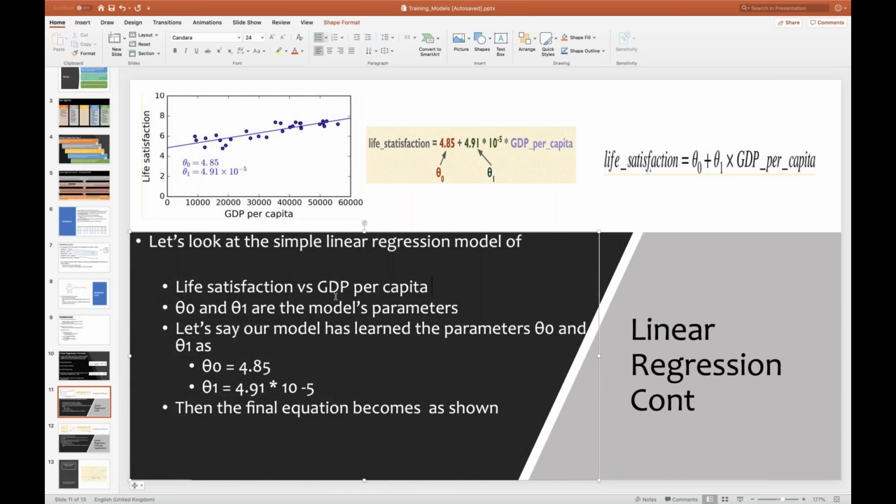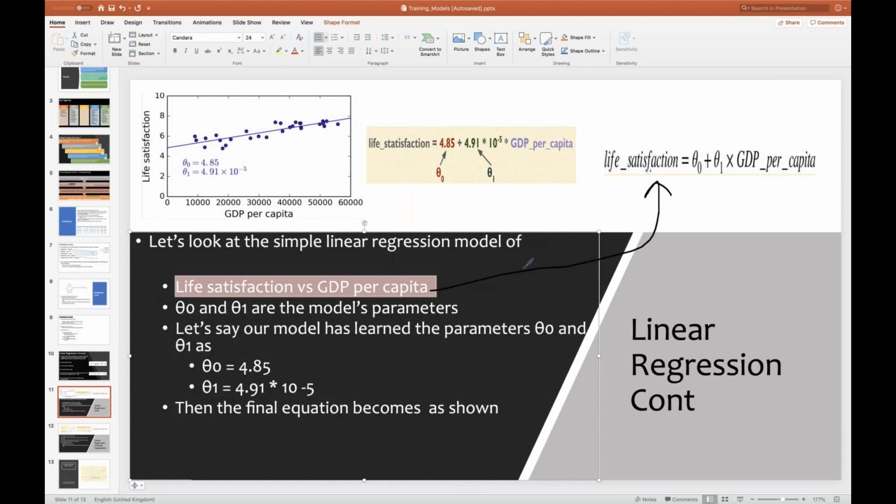If you talk about life satisfaction versus GDP per capita, when a person is earning more, is he happy? The formula is: life satisfaction equals theta 0 plus theta 1 times GDP per capita.